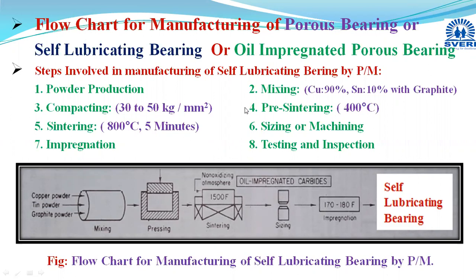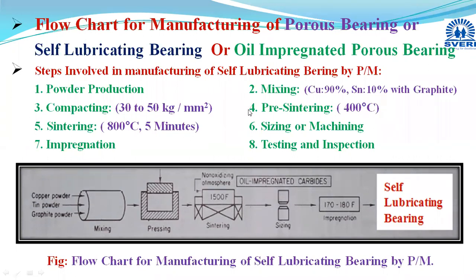They are used in fields where the location in the industry is inaccessible, or where it is very difficult to do the lubrication while in working condition, for example in the food industry or textile industry, where it is very difficult to lubricate while the instrument is working. Where machine parts are inaccessible or hard to lubricate, these self lubricating bearings are used.